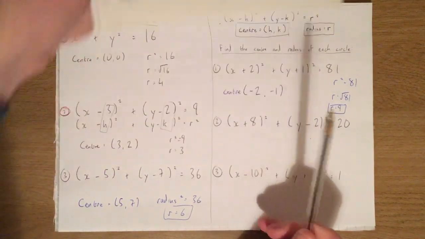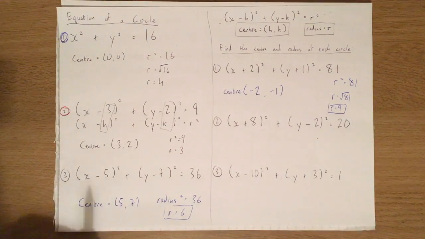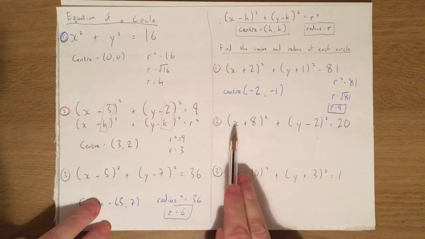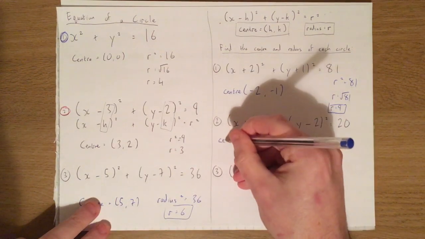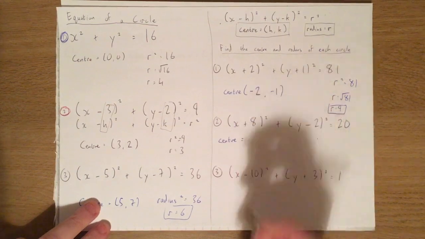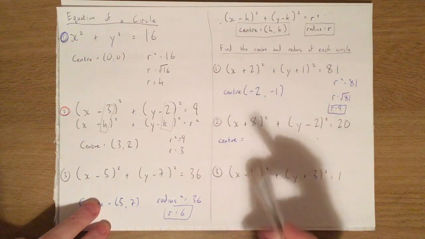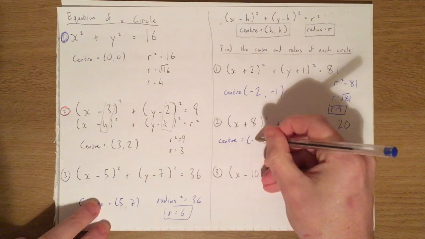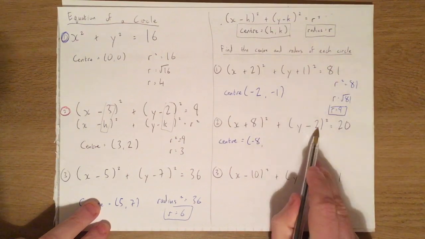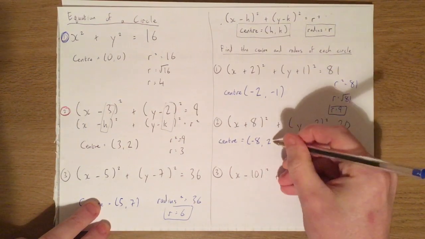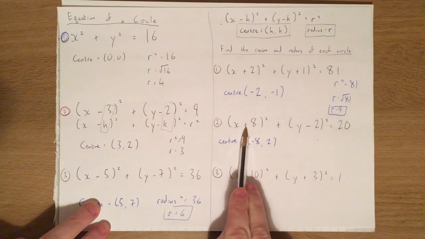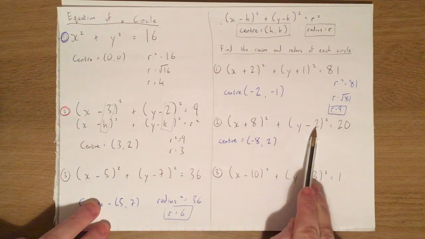Looking at this one down here, we'll do the center first. So plus 8, so minus 8, and then minus 2, so plus 2 here. So the center is going to be minus 8, plus 2.